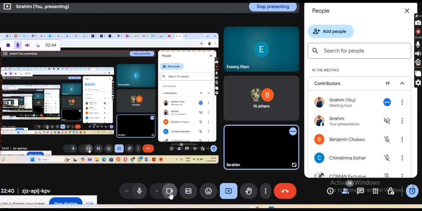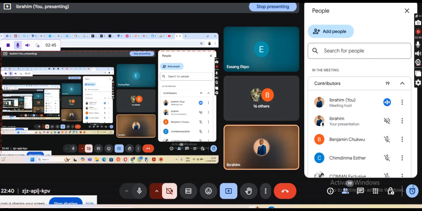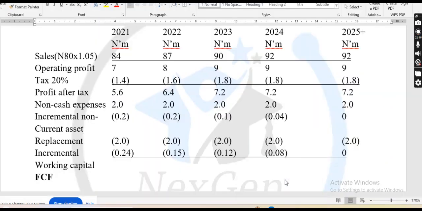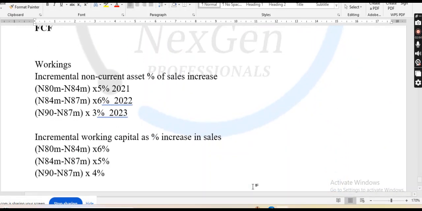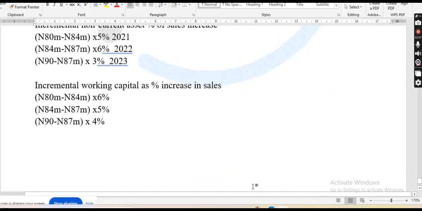Now, let's do something. Before that, that is a very good question, although we've been doing something like that before. Let's quickly go back and check something here. Okay, let me do something briefly. This is it.